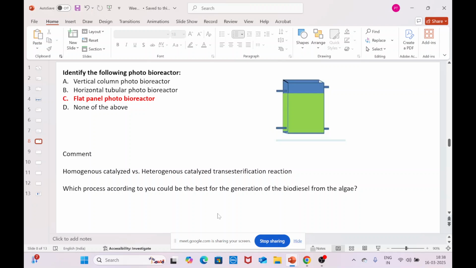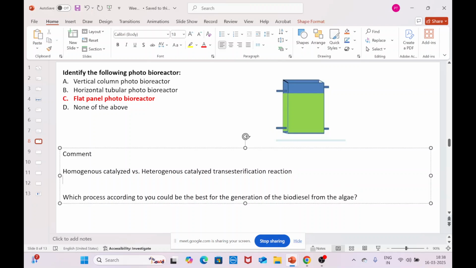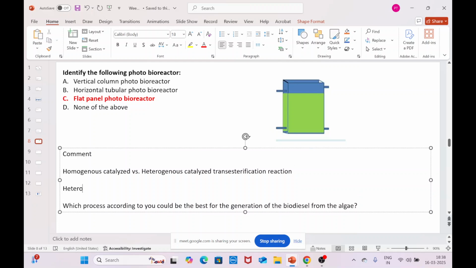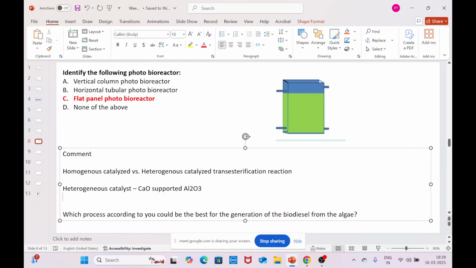Calcium oxide supported on Al2O3. So let me just write that. CaO supported on Al2O3. Then anything else? Magnesium oxide supported on Al2O3.